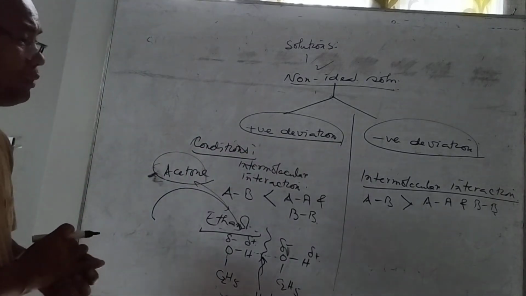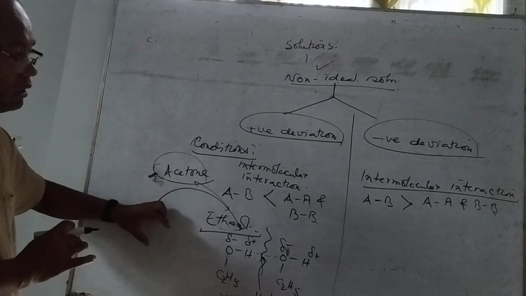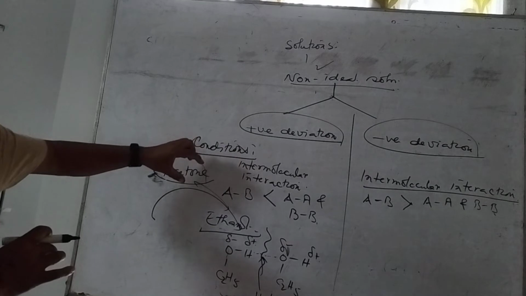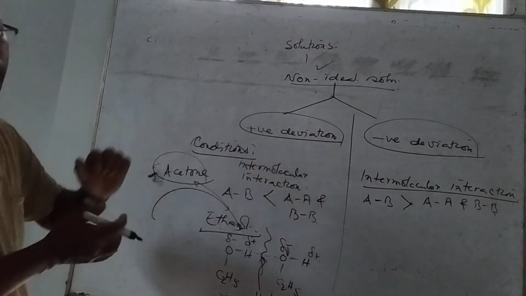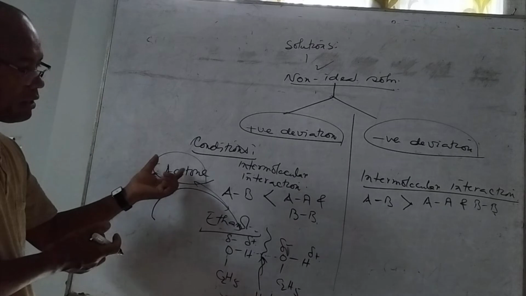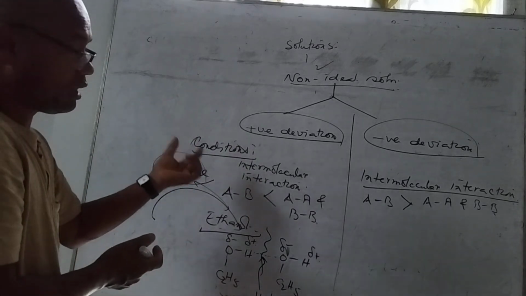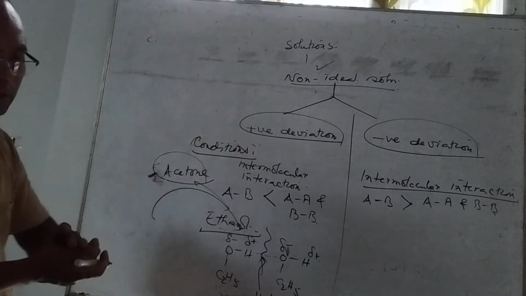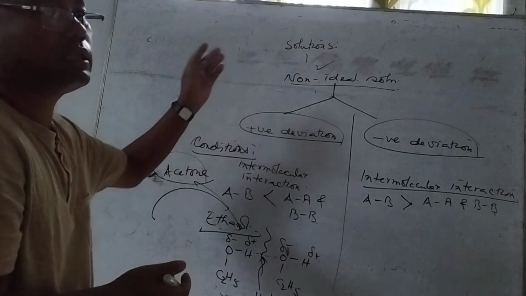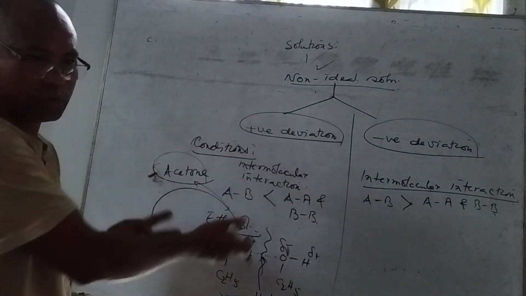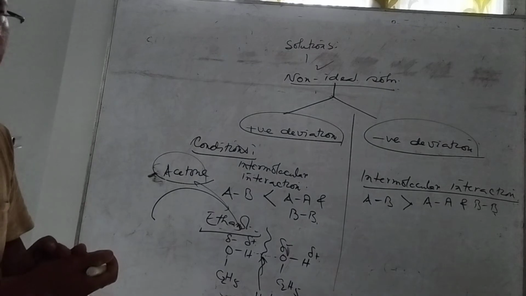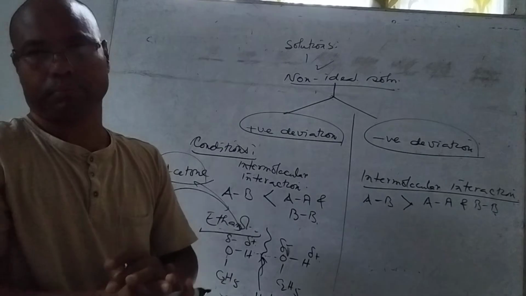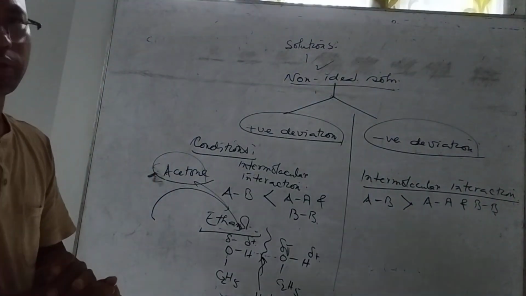Now in the positive deviation, the escaping tendency of the vapors is very high. If the vapor pressure of the solution is very high, the boiling point of this solution will be very low. That means this type of mixture boils at a low temperature.